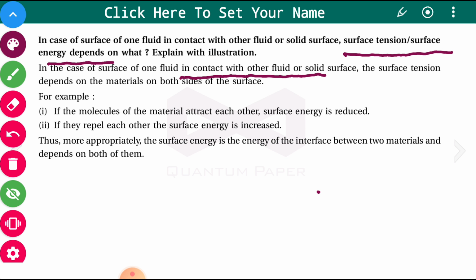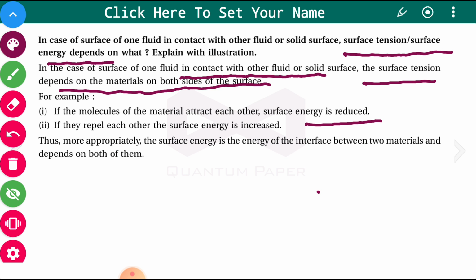So when the liquid, that is water, is in contact with steel, or water is in contact with glass, there are different materials. The surface tension depends on the materials on both sides of the surface. If the molecules of the materials attract each other, then surface energy is reduced.